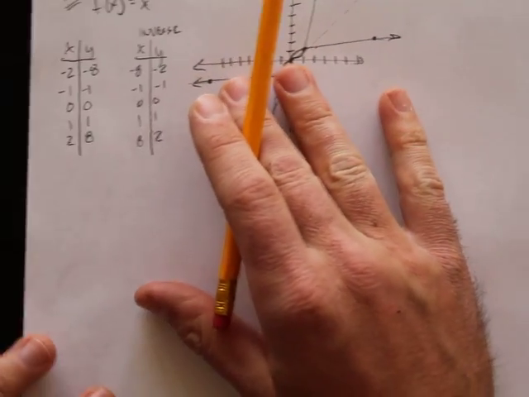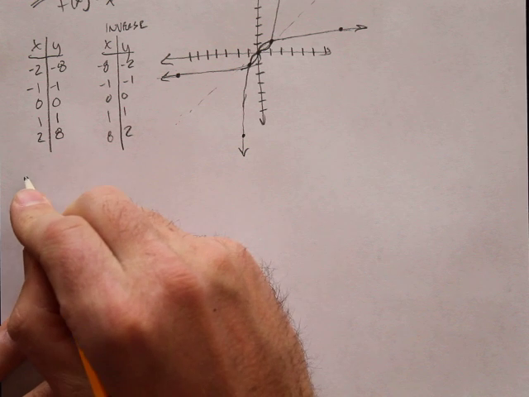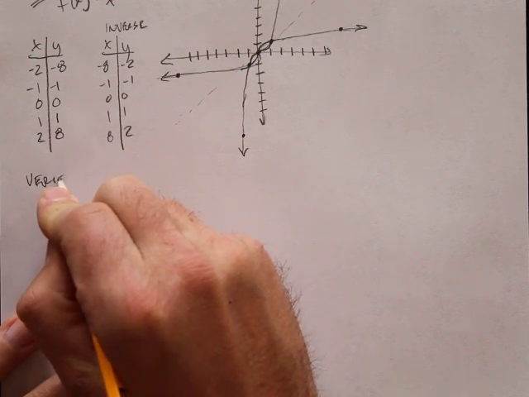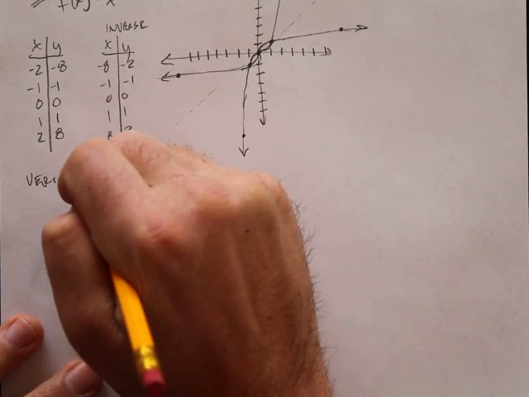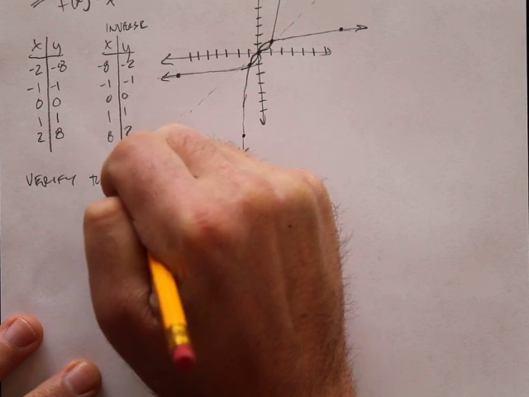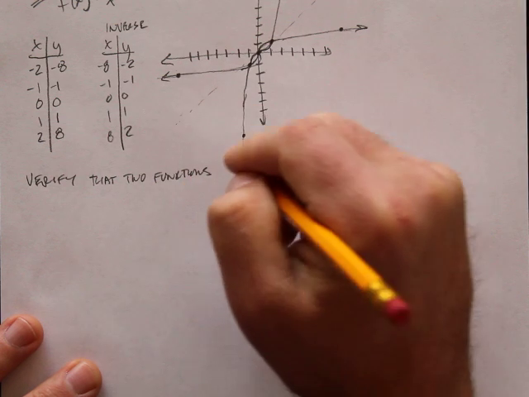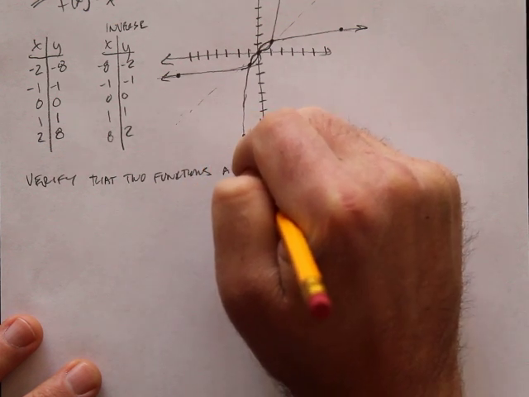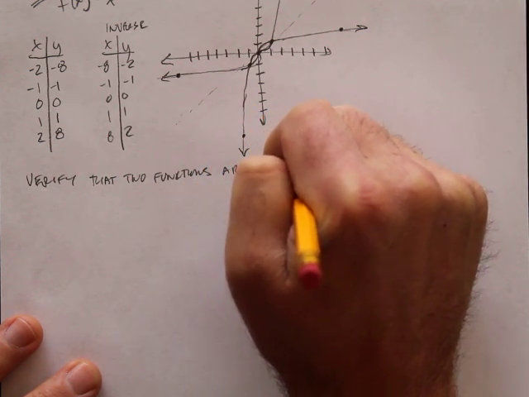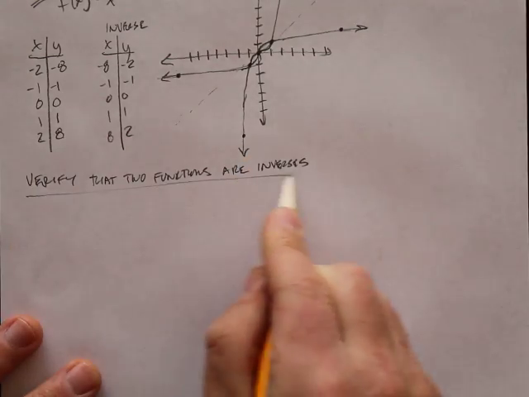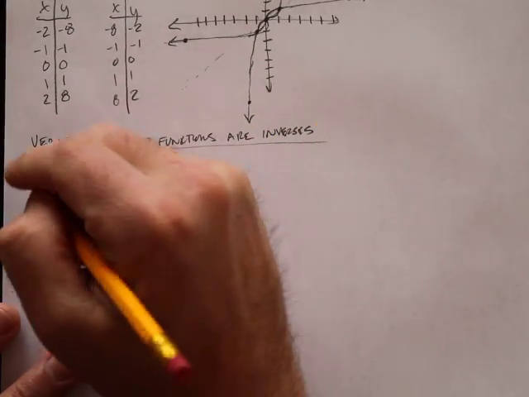Last part here, we're going to verify that two functions are inverses. So here's an example.